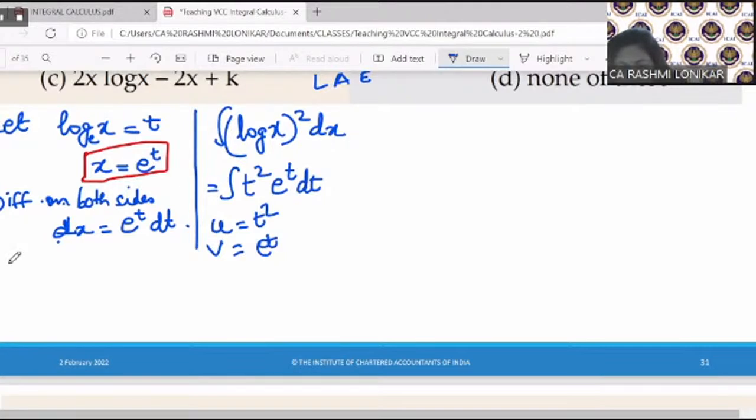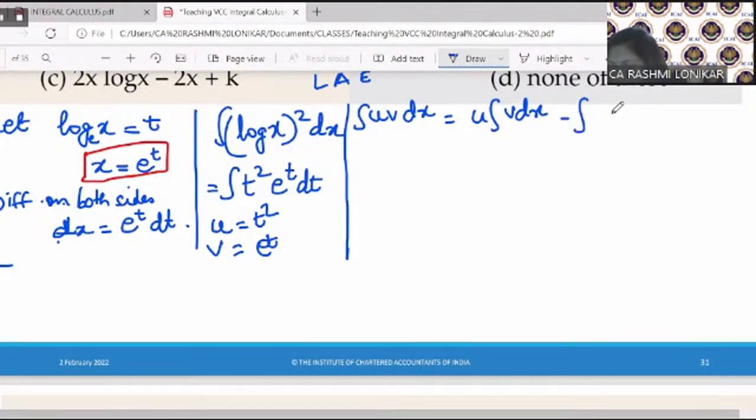So what will I get? The integral of uv dx is equal to u into the integral of v dx, minus the integral of du by dx into the integral of v dx, into dx. U is t square, and the integration of e raised to t is e raised to t.